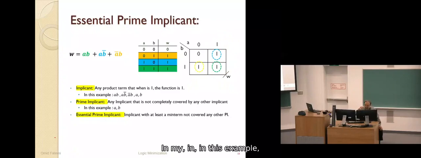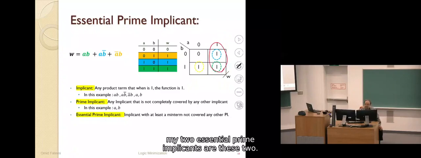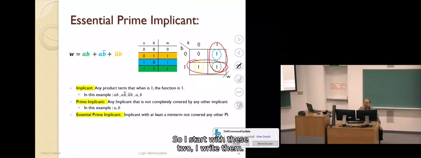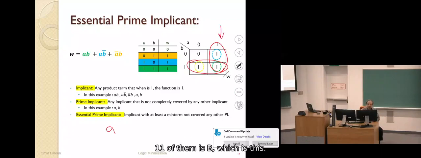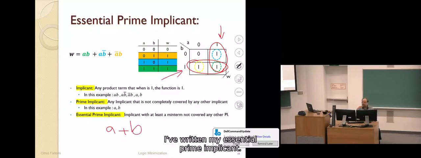In this example, my 2 essential prime implicants are these 2. So I start with these 2. I write them. One of them is A, which is this one, and one of them is B, which is this one. So up to now, I have written my essential prime implicants.